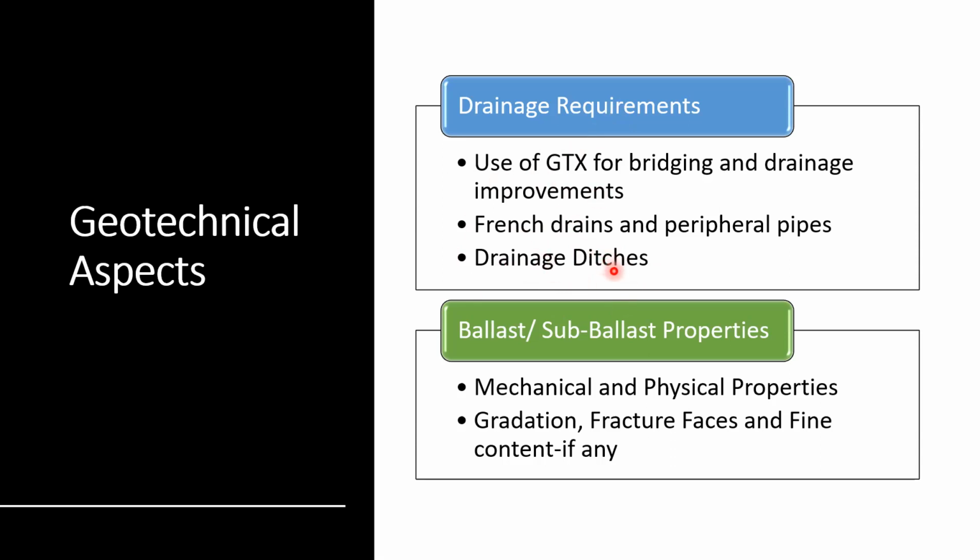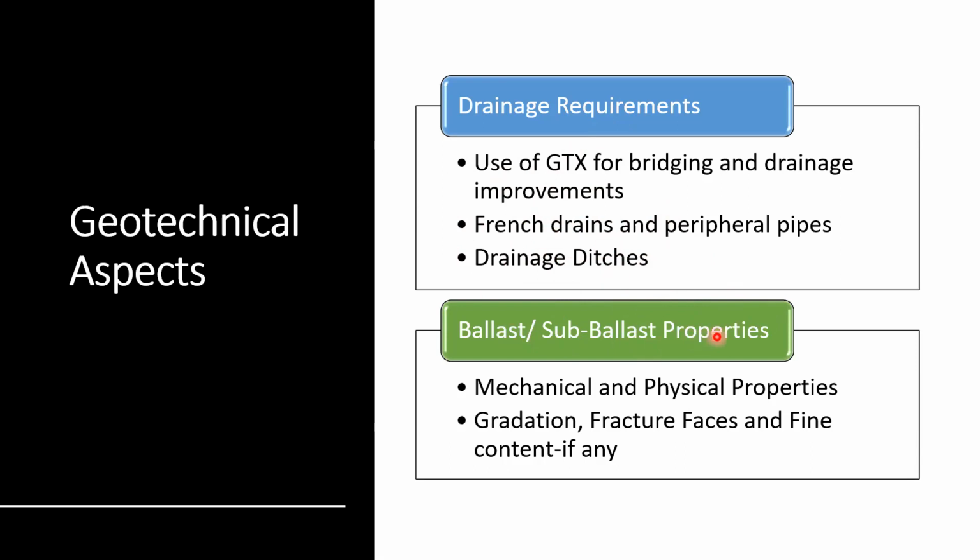The last thing you want, or the least favorable scenario, would be water ponding along your rail track or rail alignment, from operational point of view and also from structural geotechnical stability point of view. So you want to make sure that you have very good to excellent drainage condition all over your alignment.